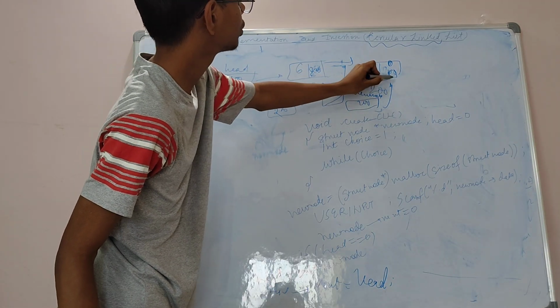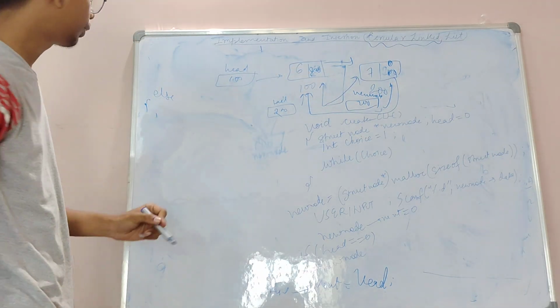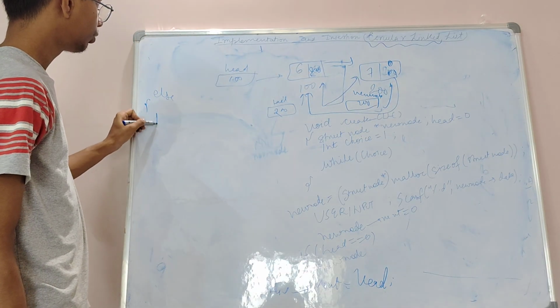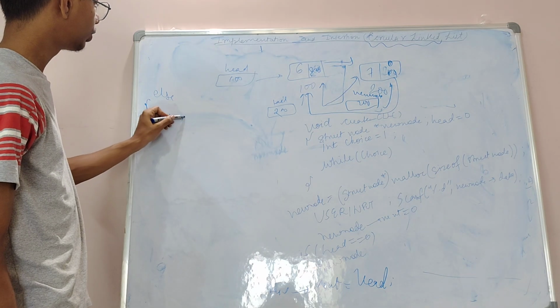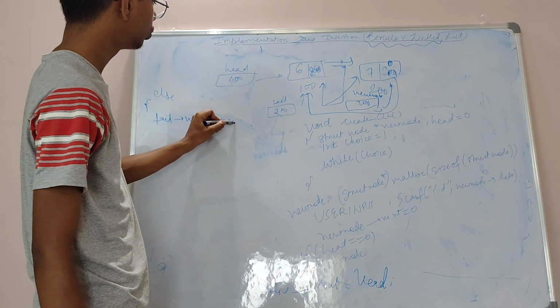And here I have to store 100 so that it will point here, and then my circular linked list will be prepared. So I will write tail of next to store the address of my new node.